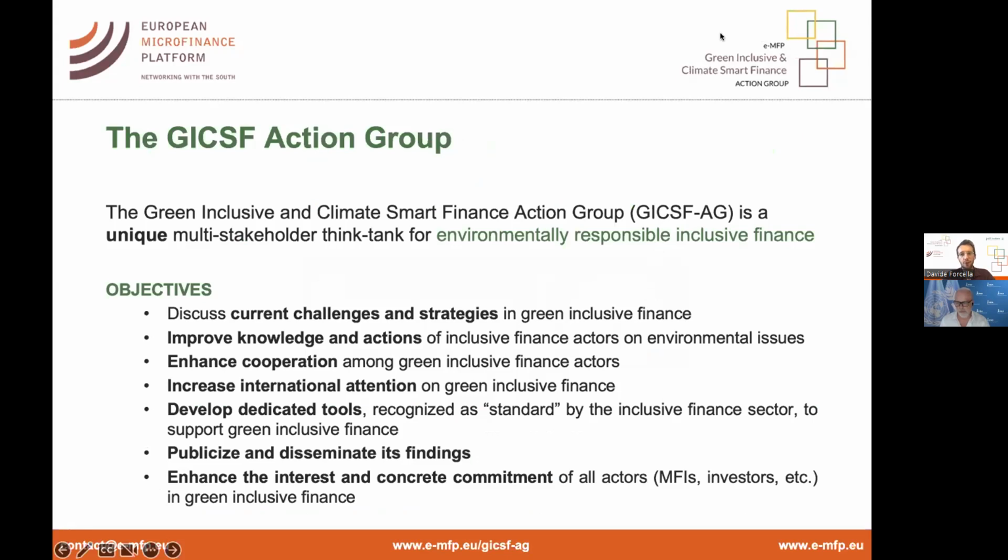It is an action group hosted by the European Microfinance Platform with a clear mandate: to support the establishment of a unique multi-stakeholder think tank, built by its own members and by their will to get more and more engaged in green inclusive finance, mainly by discussing current challenges and strategies. What did we do, what should we do, and what are the challenges we're encountering by doing that; improving the knowledge of the sector, as well as the action.